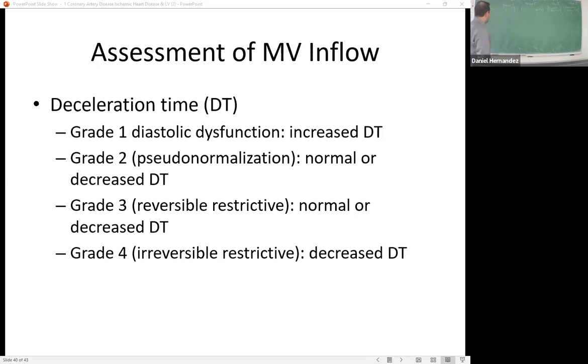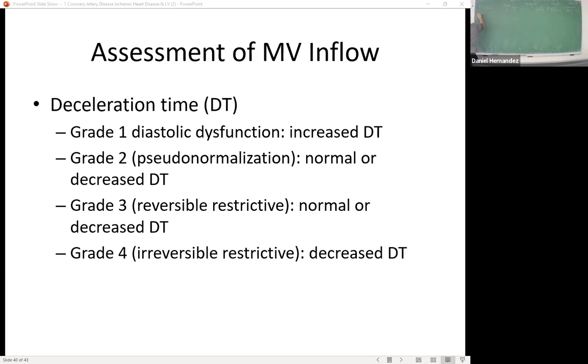So pulmonary venous flow. So normal pulmonary venous flow. Typically, we're going to have pretty normal or symmetric flow during systole and diastole. Normal flow.